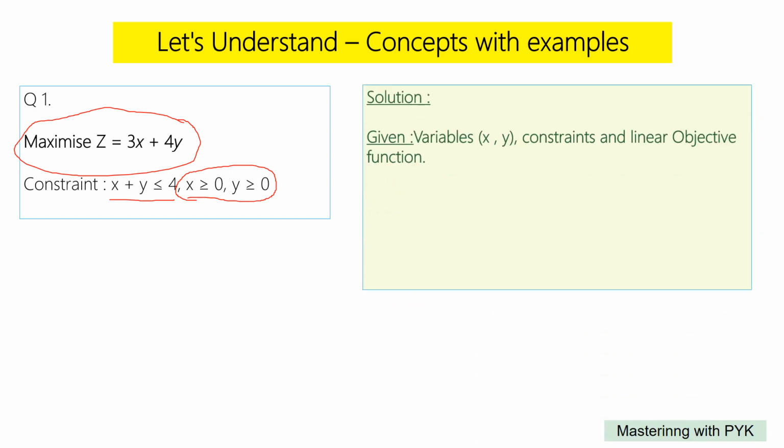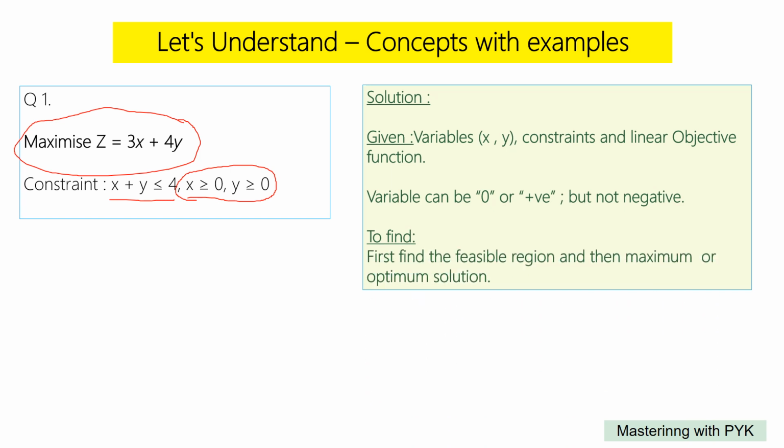Variables can be 0 or positive, but not negative. We have to find the feasible region first and then the maximum or the optimum solution.